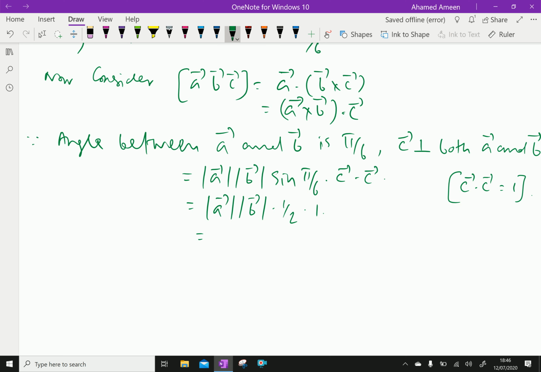Therefore, we can say the square of this box product is equal to modulus of vector a square, modulus of vector b square, and 1 by 2 the square, 1 square is 1.